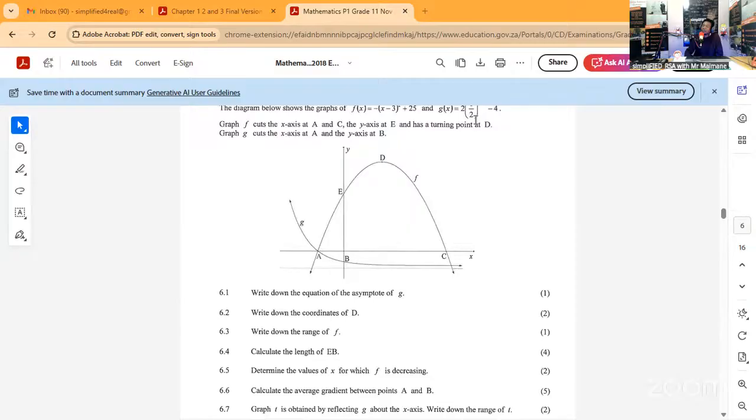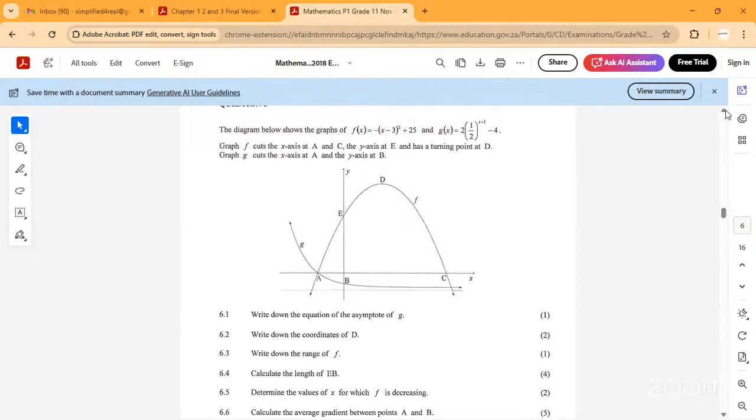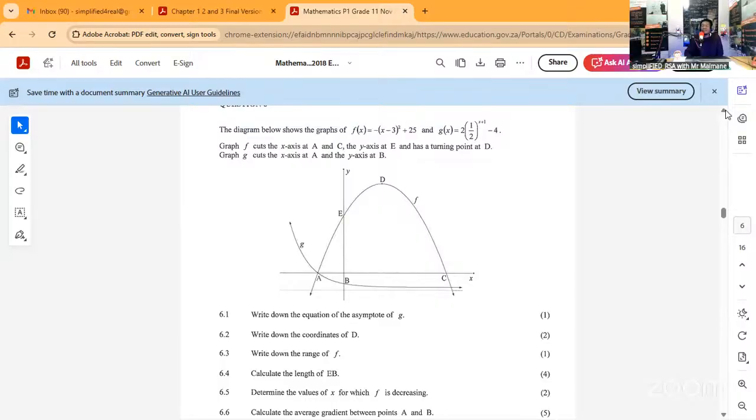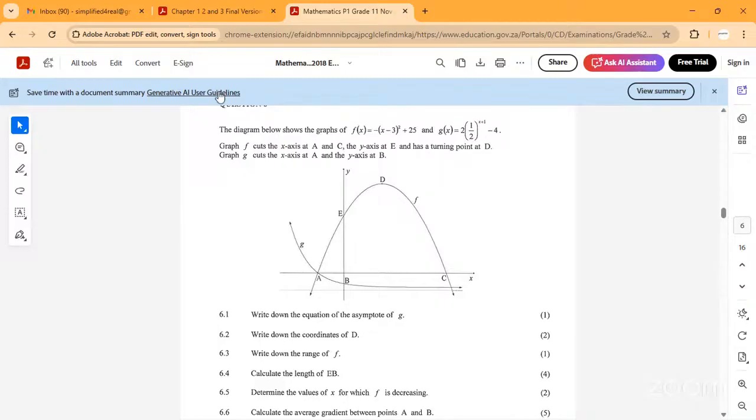We have so many information to use. Because point A involves both g and f, we can just solve for x by letting either g of x be 0 or f of x be 0. Which one do we go with? Should we use f of x? Yeah, we can use any.